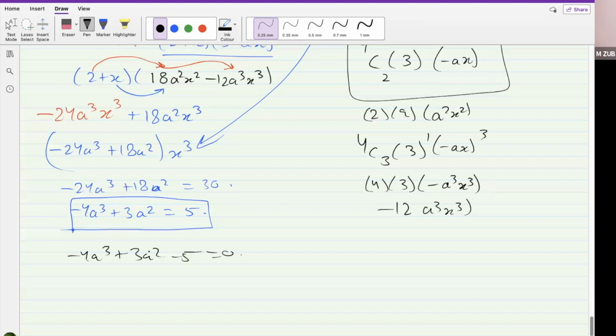Sir, what did you get here? Are you solving this as a quadratic equation? Not quadratic, this is cubic. Oh, cubic equation.